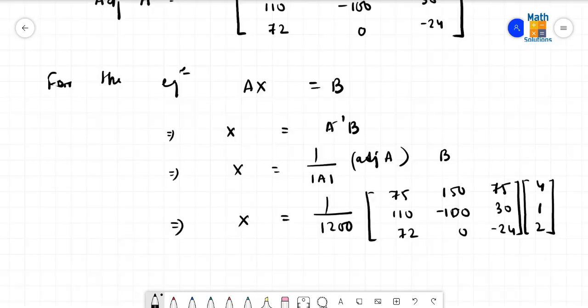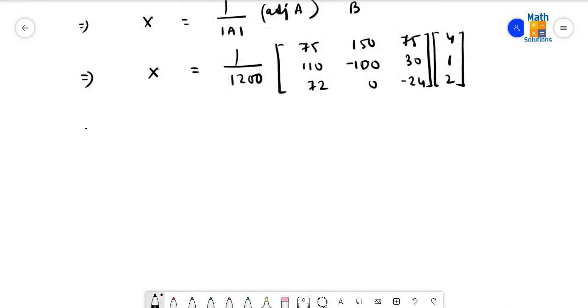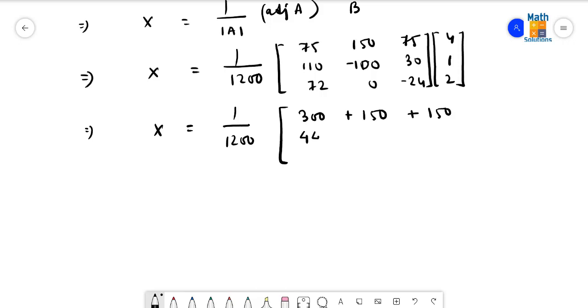Now let us evaluate what we get. So after multiplication, 1 by 1200, what we shall get? Here it is 300 plus 150 plus 150, then 440 minus 100 plus, here I get 60, then 1 288, 144, again you have to multiply by 2.